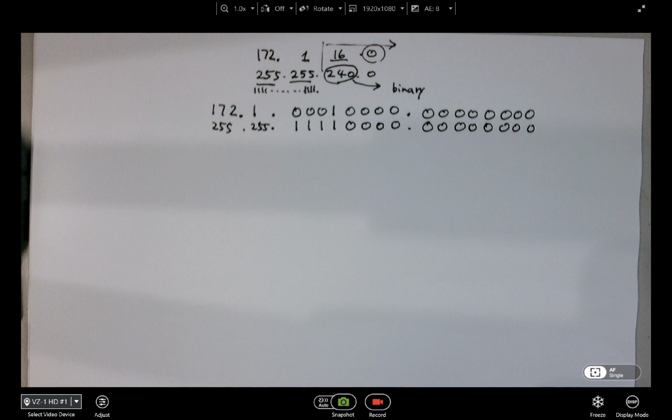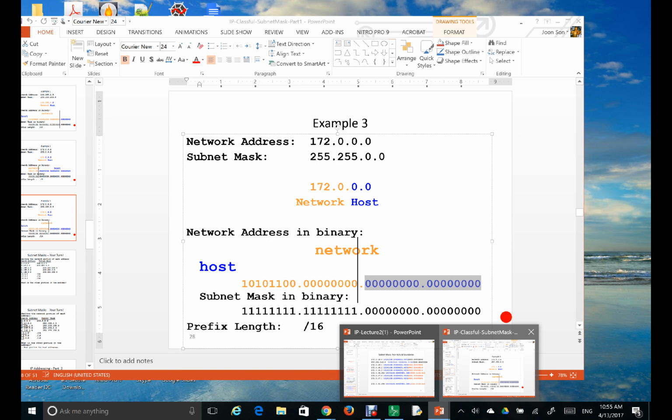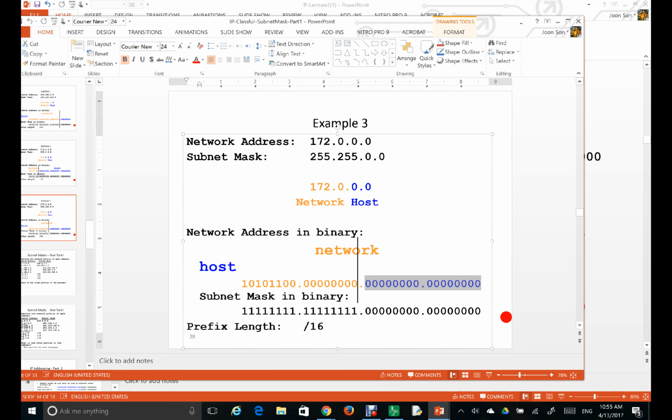But like in the previous lecture, right, we learned... let's look at the previous lecture. So this is the example from the previous lecture, where the subnet mask ends on the octet boundary. The left side is the network portion and the right side is the host portion. The subnet mask tells you where you should draw that boundary line, right? Exactly the same idea applies.